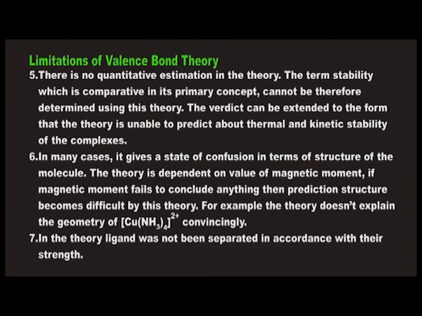The theory is dependent on the value of magnetic moment. If magnetic moment fails to conclude anything, then the prediction of the structure becomes difficult by this theory. For example, the theory doesn't explain the geometry of [Cu(NH3)4]2+ convincingly.